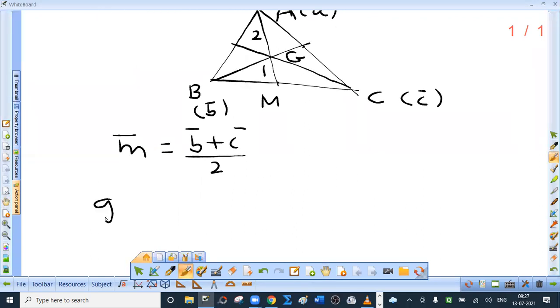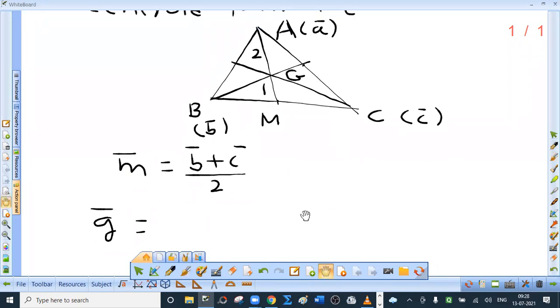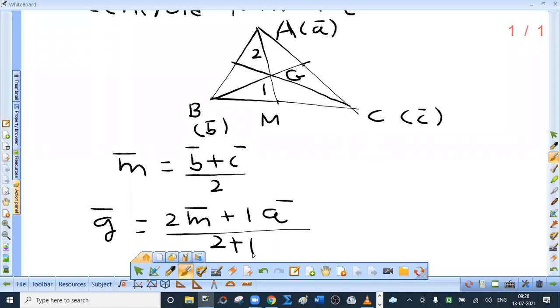Now what is the position vector G bar of point G? G divides AM internally in which ratio? 2:1. So can you tell me what is G bar? It is (2M bar + 1 A bar)/(2 + 1), by the section formula for internal division, (mB bar + nA bar)/(m + n).